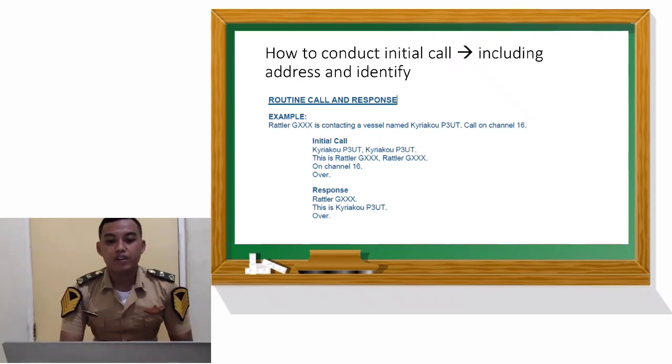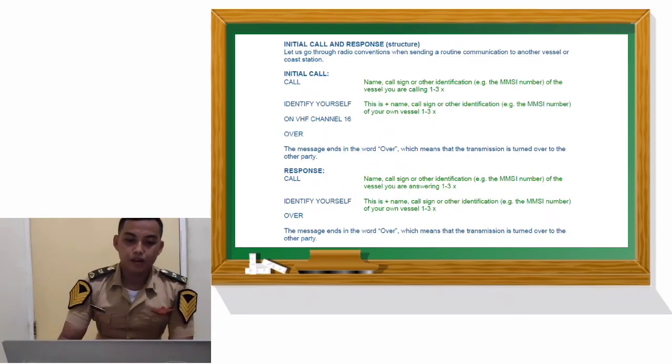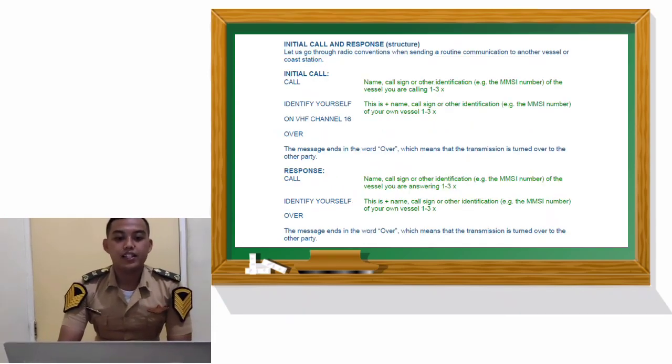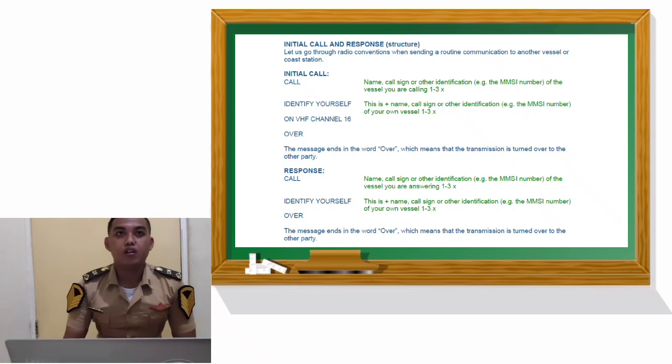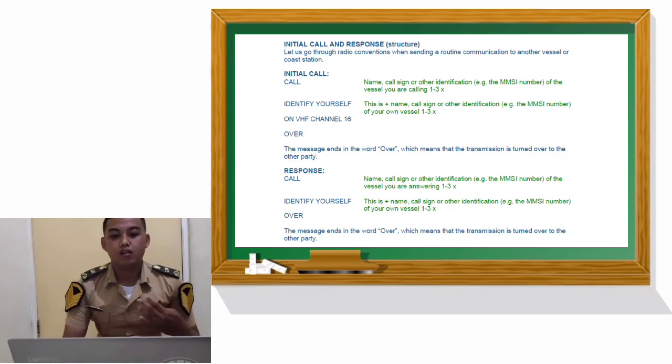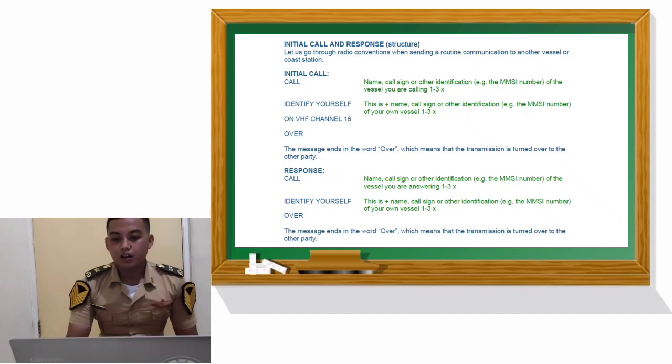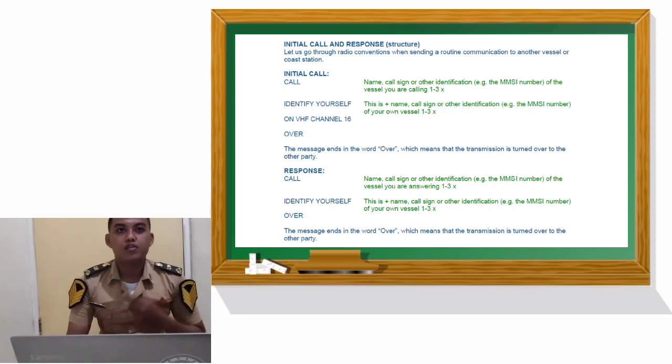First is how to conduct an initial call. An initial call is used to call another ship. The structure of the initial call is: 1. Call: name, call sign, or other identification, for example the MMSI number of the vessel you are calling, one to three times. 2.